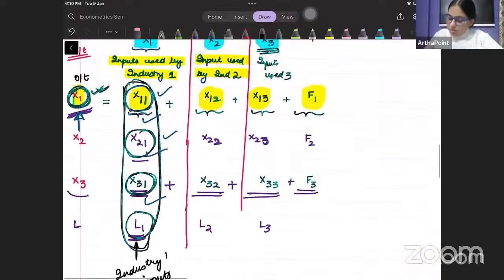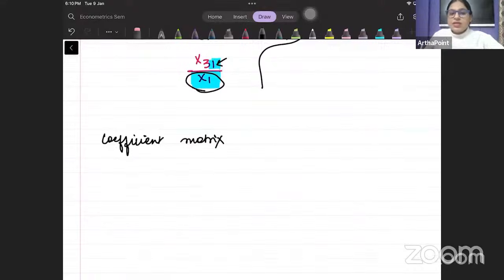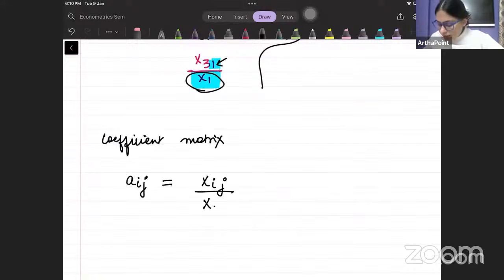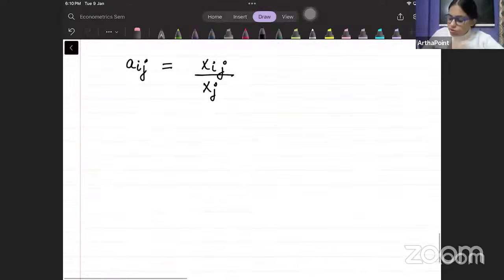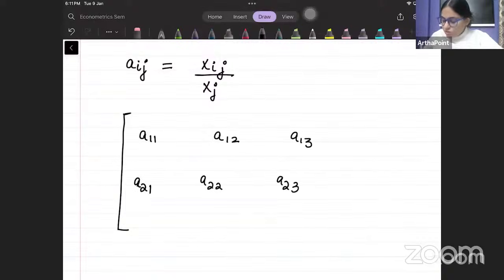So from this we now have to form a coefficient matrix, right? This coefficient matrix is formed by Aij's, where every Aij will be Xij by Xj. What will it be? It will be Xij by Xj. So our coefficient matrix will be A11, A12, A13, A21, A22, it will be clear when we do the numerical, A31, A32, A33.